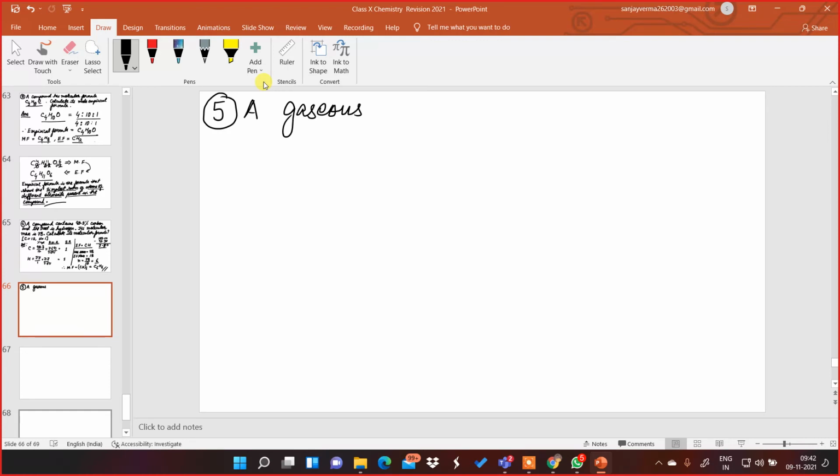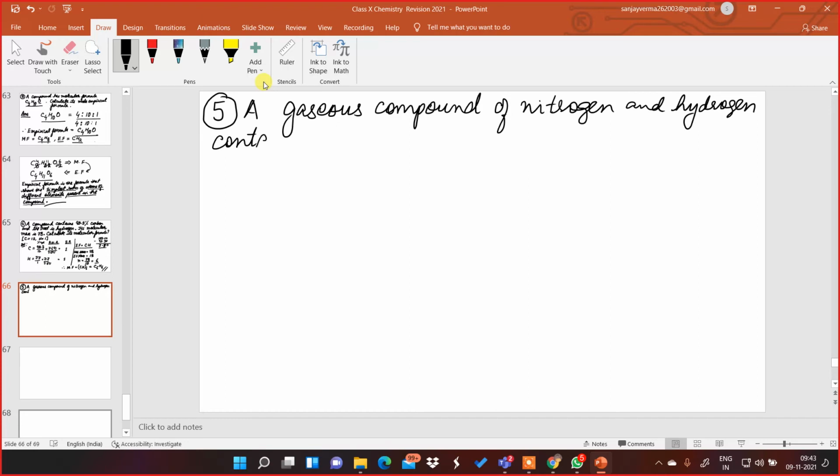A gaseous compound of nitrogen and hydrogen contains 12.5% hydrogen by mass.